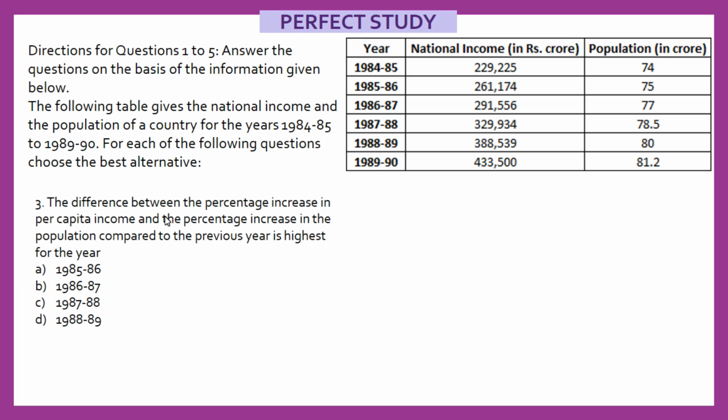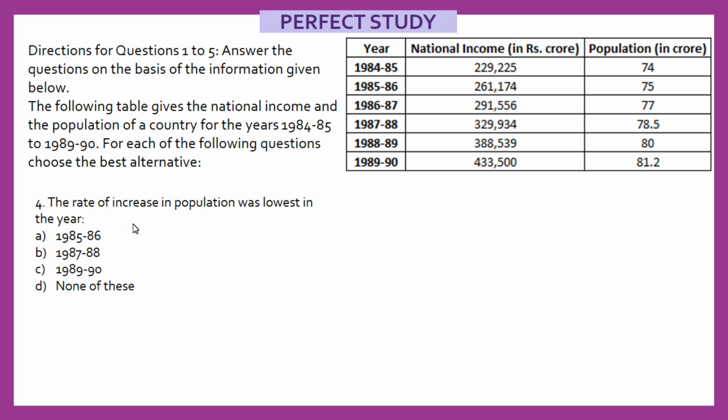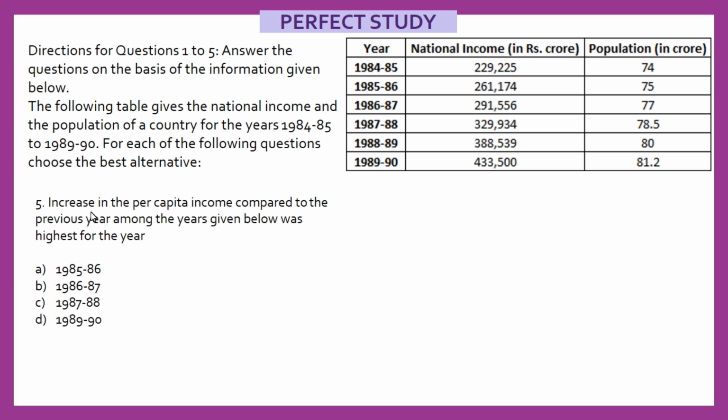Third, the difference between the percentage increase in per capita income and percentage increase in population compared to the previous year is highest for the year. Fourth, the rate of increase in population was lowest in the year. Fifth, increase in the per capita income compared to previous year among the years given below was highest for the year. Okay, so these are the 5 questions.